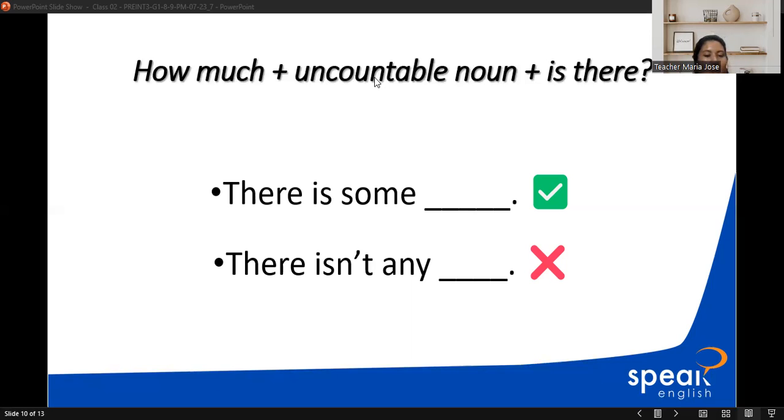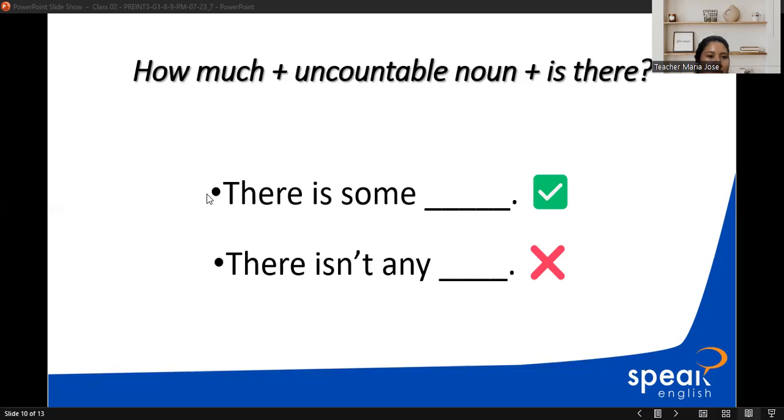Nicolas, how much water is there? Negative or positive? Do we have water in the pictures? There isn't any water. Excellent. Very good.